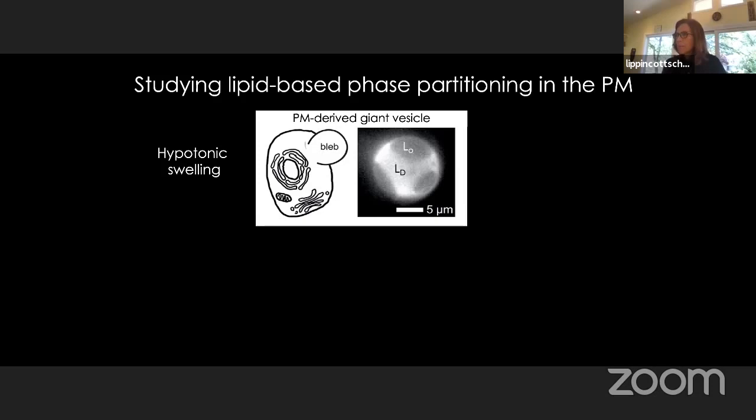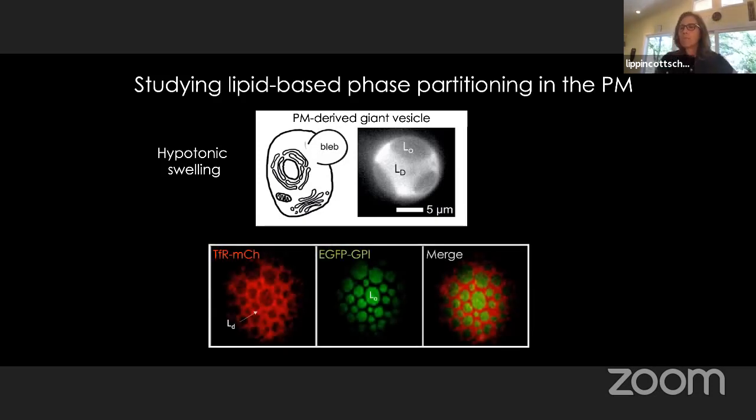And indeed, if you introduce different fluorescent proteins tagged to different types of proteins, like transferrin receptor or GPI anchored proteins, which are known based on biophysical chemical assays to prefer either a liquid ordered or disordered domain, you can see by introducing these proteins into a living cell and then generating a giant vesicle, beautiful segregation of the GPI anchored protein in green to domains that are depleted of the transferrin receptor in red here.